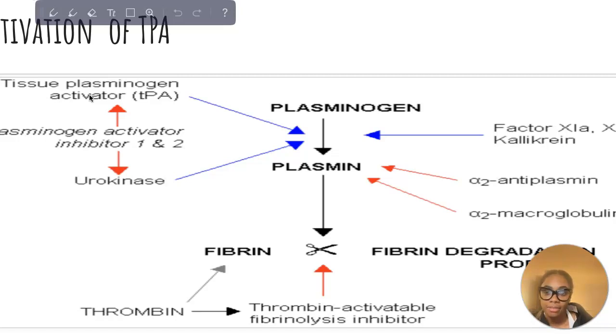As aforementioned, upon administration, TPA binds to plasminogen, inducing a conformational change in the latter. This conformational shift exposes a site on plasminogen that allows TPA to interact with and cleave specific peptide bonds. The cleavage activates plasminogen, turning it into plasmin, which was also stated.